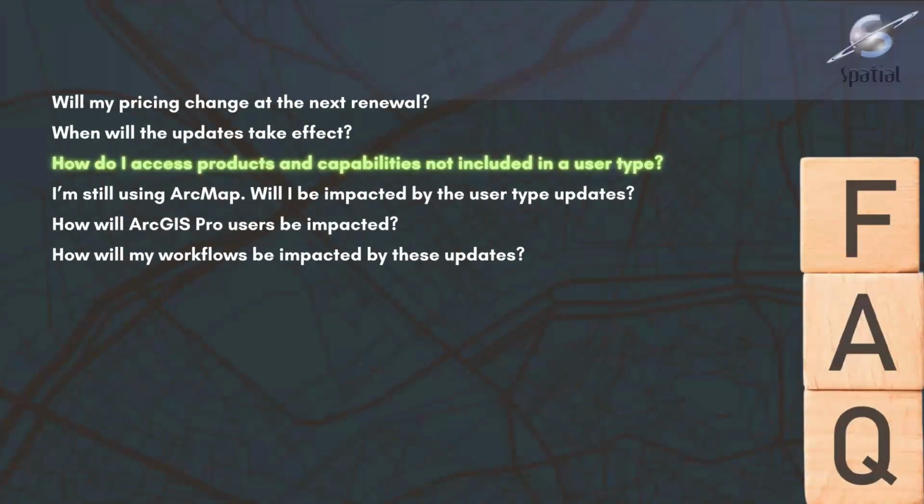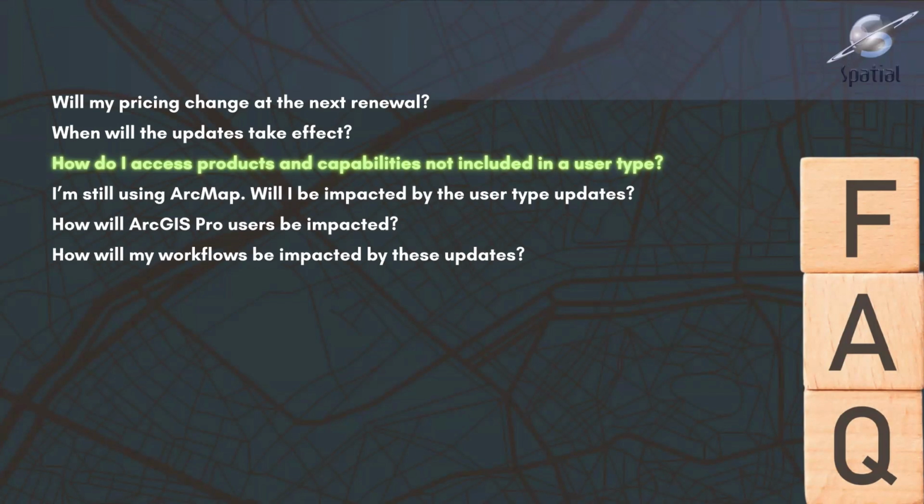Okay, thank you. Next question, how do I access products and capabilities not included in a user type? ArcGIS Online will be licensed exclusively through these new user types.